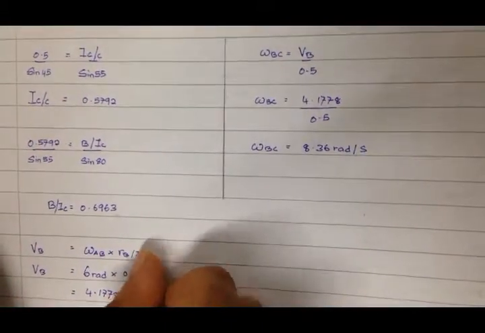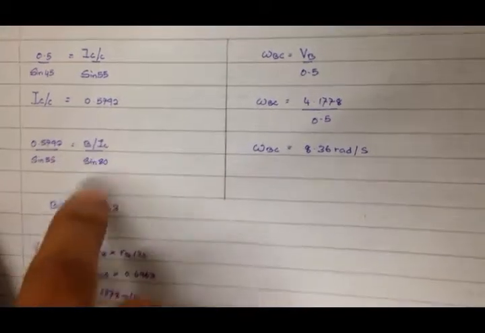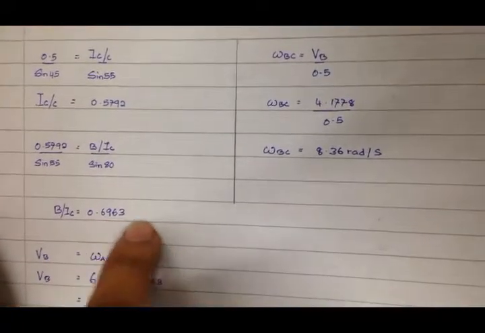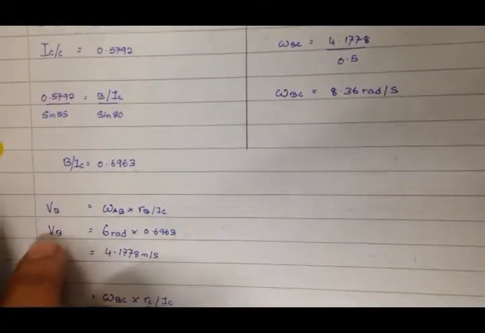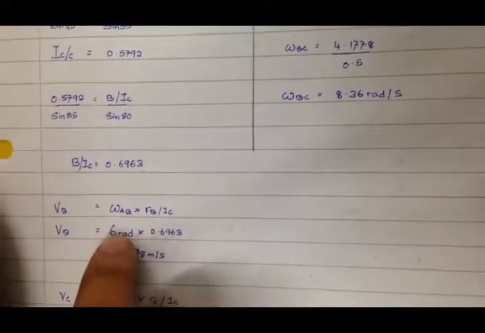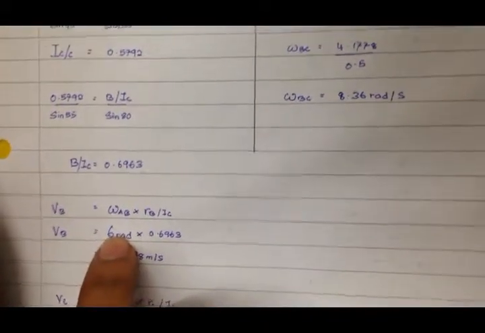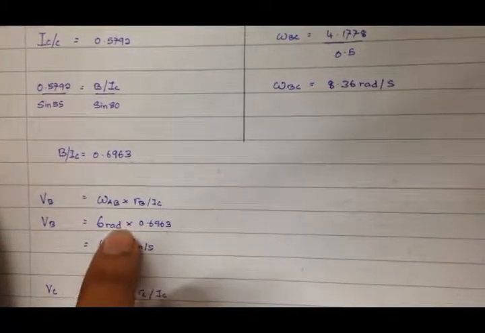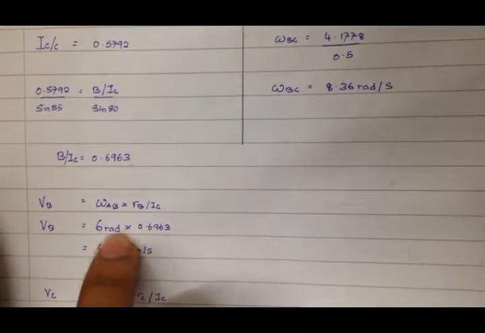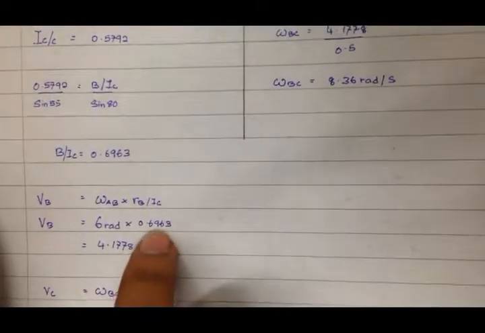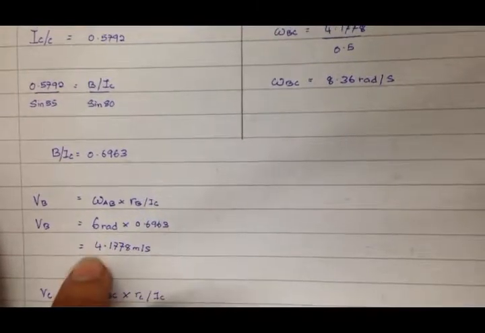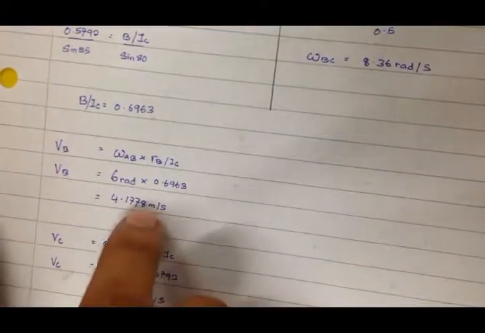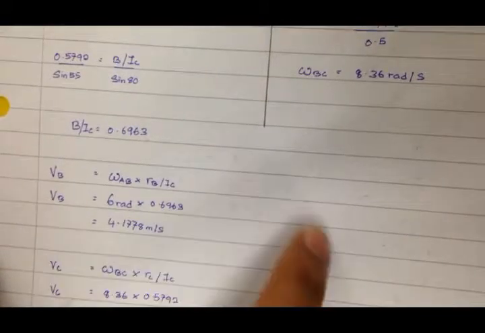So we are going to use R B to IC, which is the length B to IC, 0.6963. So 6 radian per second times the radius 0.6963 gives us 4.1778 meter per second. So we got the velocity for B.